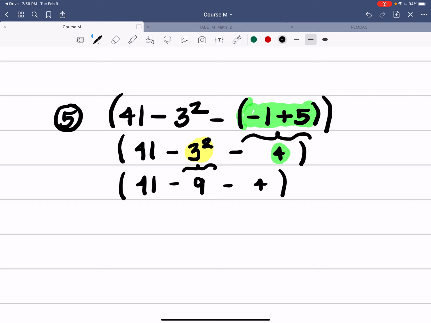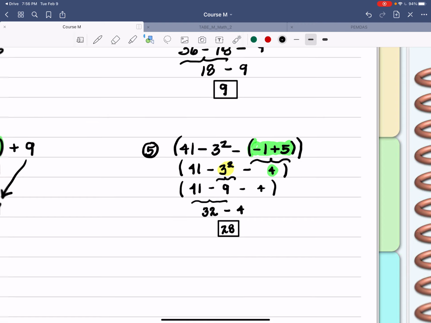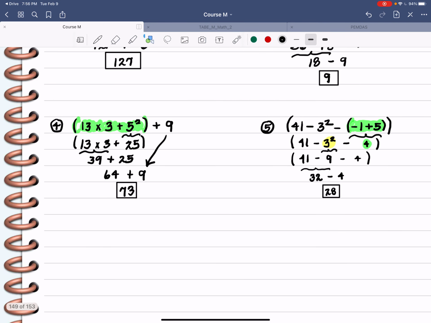Then I can subtract from left to right. So I have 41 take away 9. That's going to be 32. And then 32 take away 4 is 28. So you just have to keep working your way through until you get all of the terms used up. You simplify.